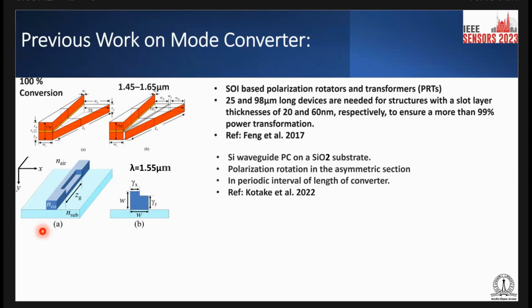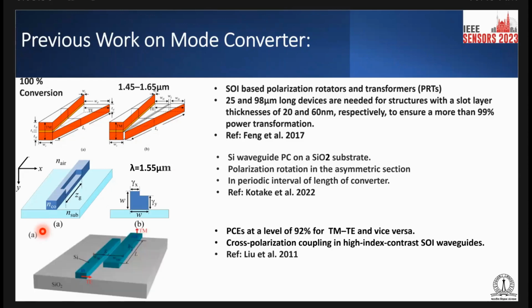At periodic intervals along the length of the converter, TE gets converted to TM and vice versa. And this is another slot waveguide based device where people have shown 92% TM to TE conversion. Here also they have used silicon on insulator, where you can give the TE and you will get out TM on the other side.